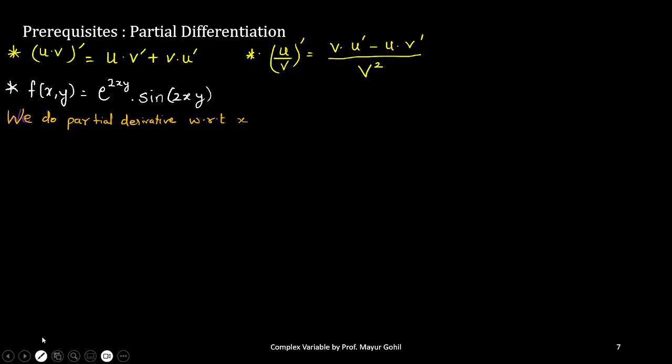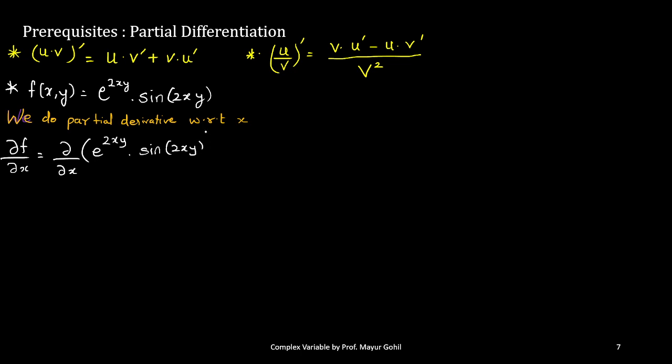When we go for doing the partial derivative, it will become ∂f/∂x. So it is now saying partial derivative, instead of the function f, we will have e to the power 2xy times sine 2xy. Now see, over here this is u and this is v.